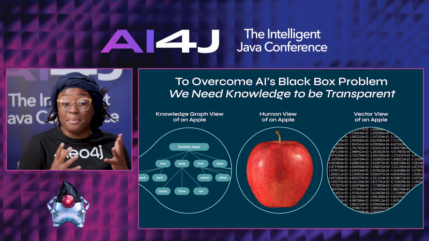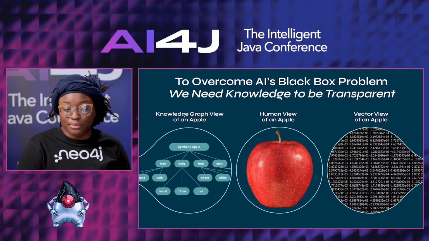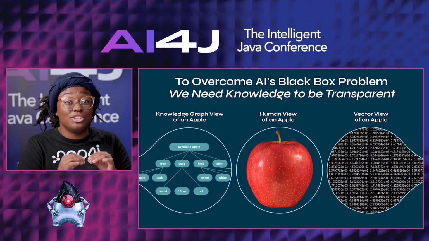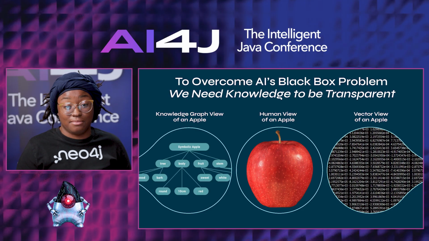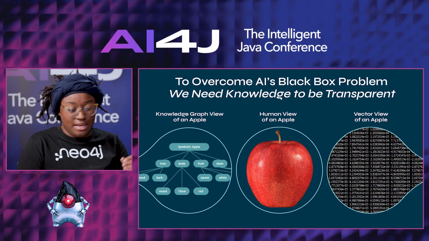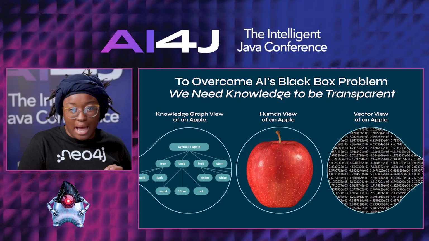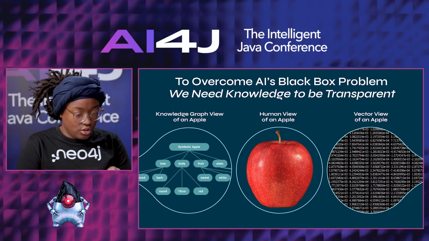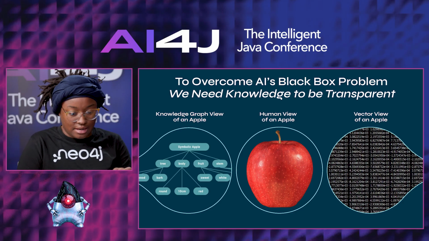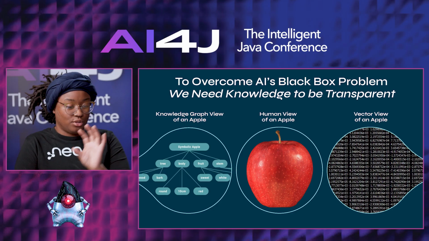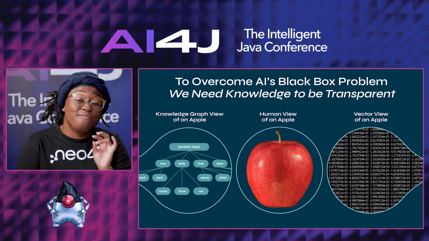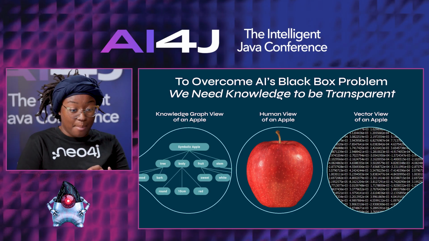So to overcome AI's black box problem, we need knowledge to be transparent. Here I have a human view of an apple in the center. And then to the side, a vectorized view of an apple.